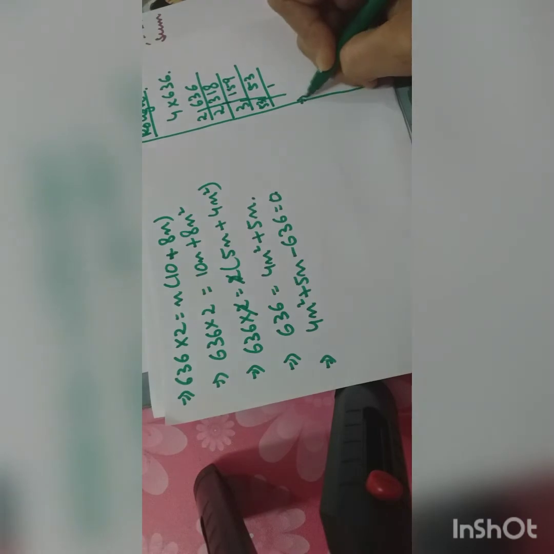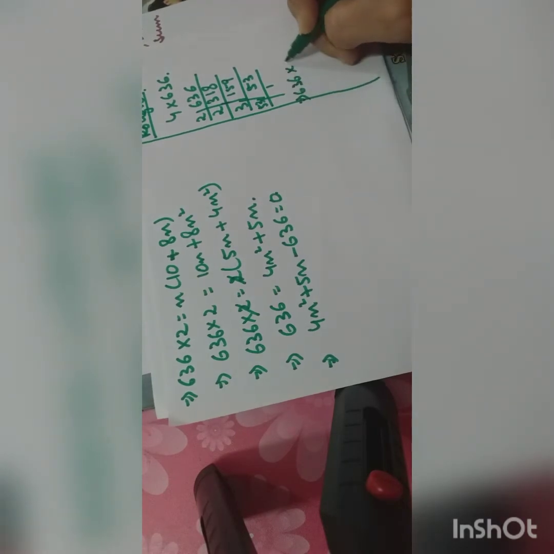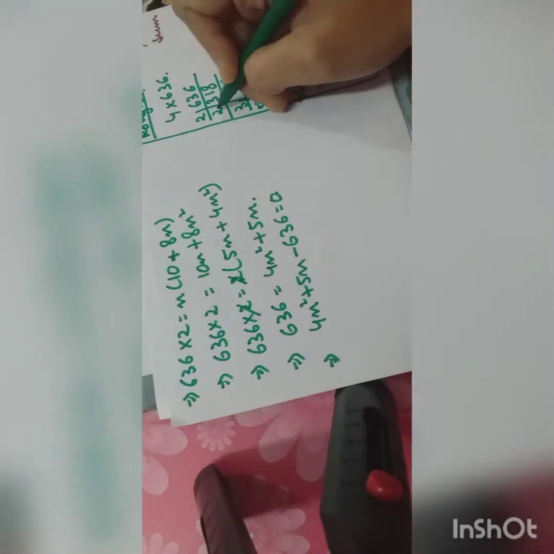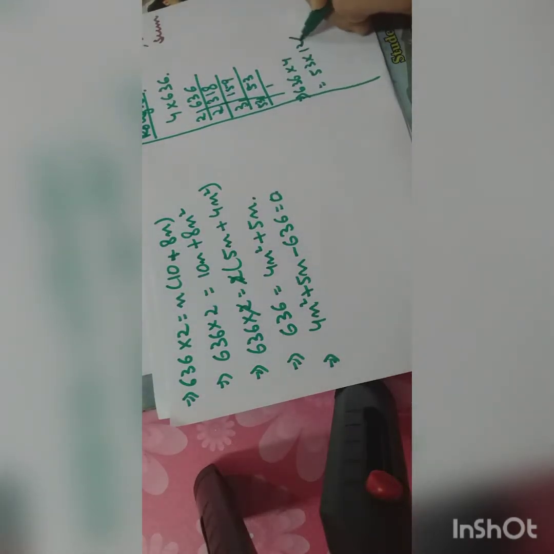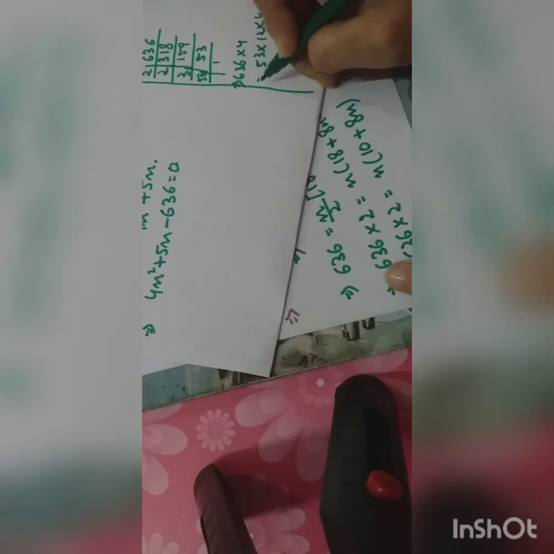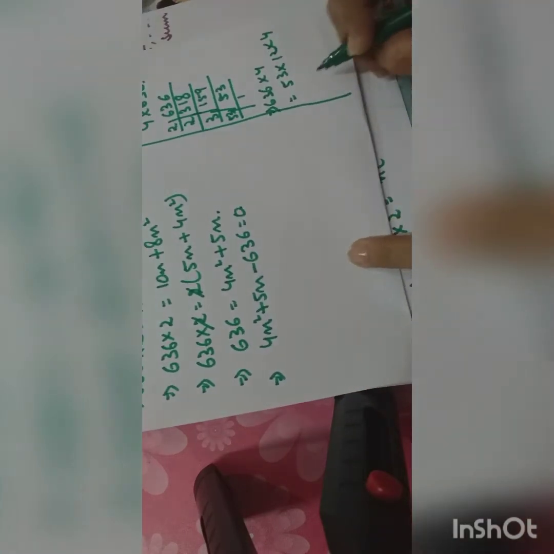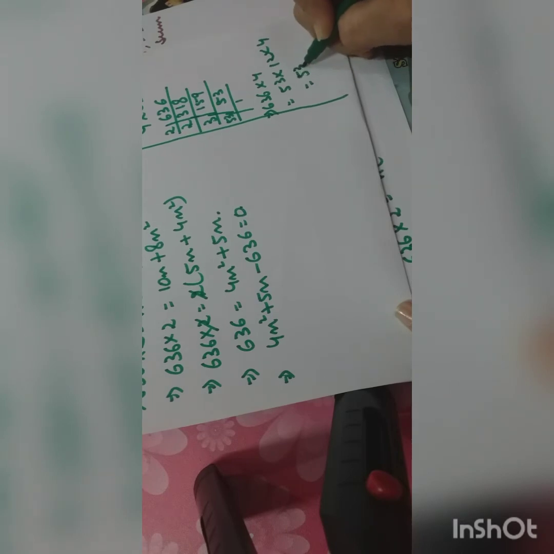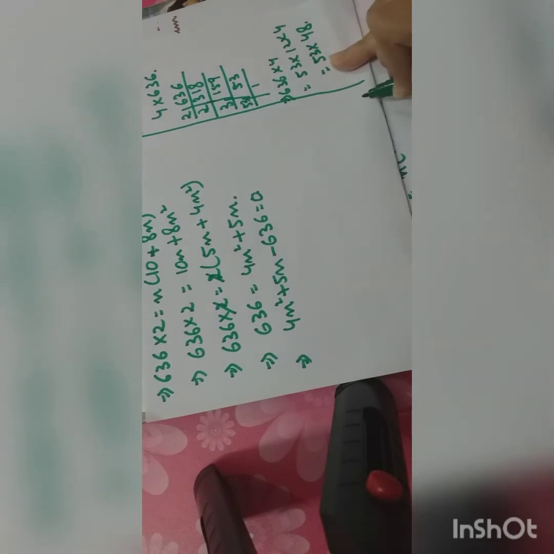So this 636 into 4 can be written as 53 into 48, since 53 into 3 2s are 6, 6 2s are 12 into 4. So I am splitting this plus 5n as plus 53n minus 48n.